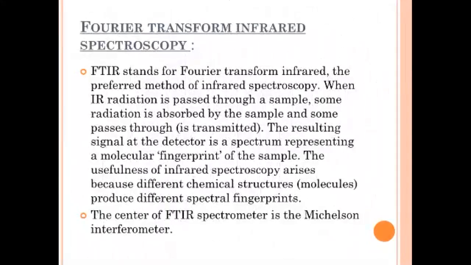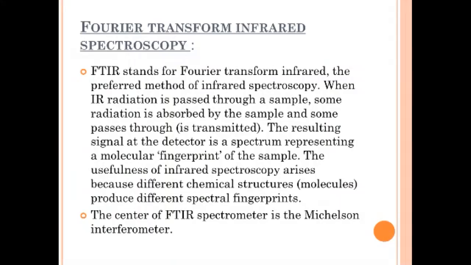The second type of infrared spectrometer used in infrared spectroscopy is, with the rise of improved electronics and CPU processing, the Fourier transform infrared spectrometer (FTIR). FTIR stands for Fourier transform infrared, the preferred method of infrared spectroscopy.